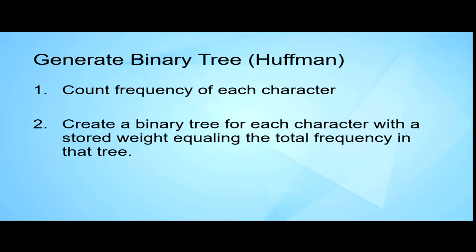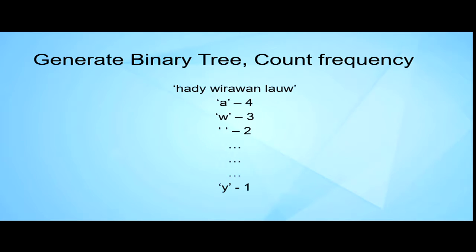Do not worry, I'll show you what it means. For example, in the string, there are 4 letter A's, 3 letter W's, and 2 space characters. So the weight for A will be 4, the weight for W will be 3, and the weight for space will be 2.